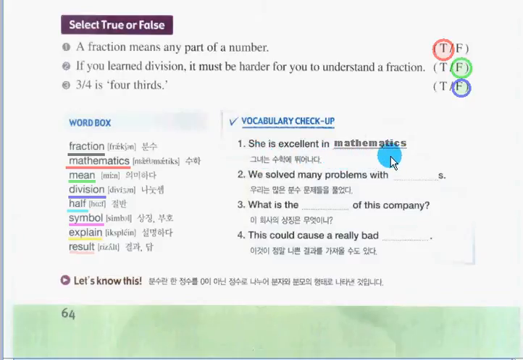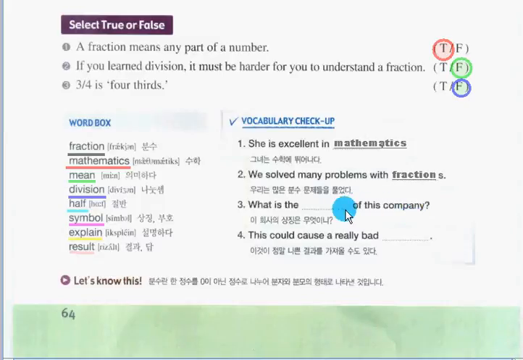How about number 2? We solve many problems with blank. The missing word is fraction. We solve many problems with fractions. Then number 3. What is the blank of this company?